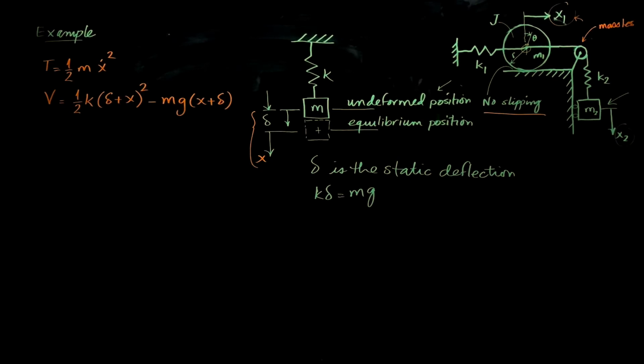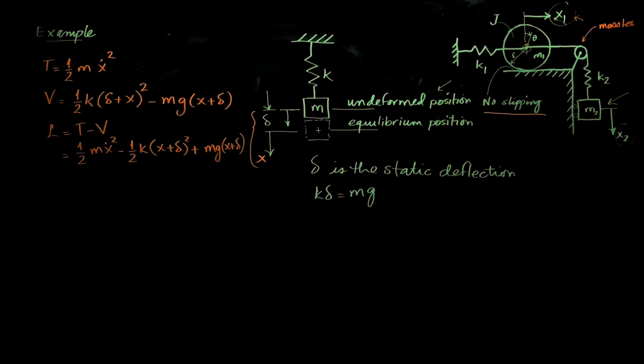Now, the Lagrangian obviously is the difference between the kinetic energy and the potential energy, which is 1/2 m x dot squared minus 1 over 2 k x plus delta squared plus mg x plus delta.